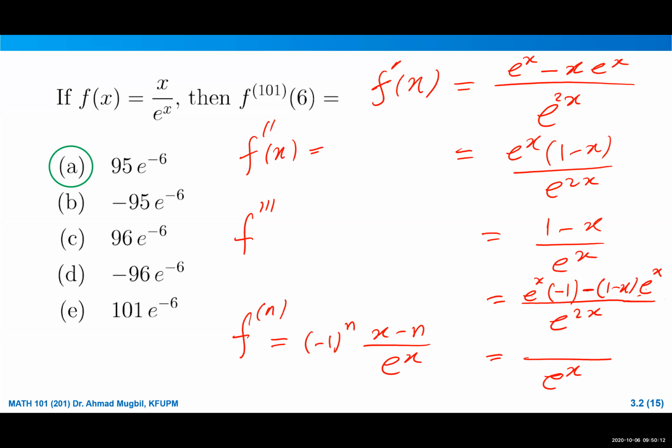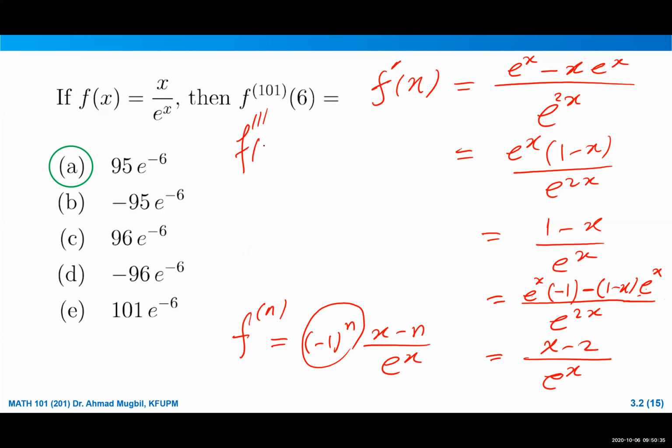Now here you have -1, -1, it will be -2 plus x. So it will be x minus 2. Let's check, because the first term was 1 minus x.